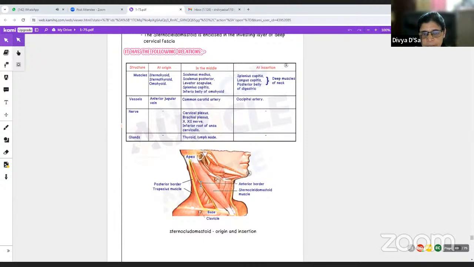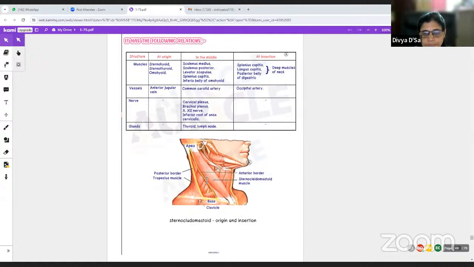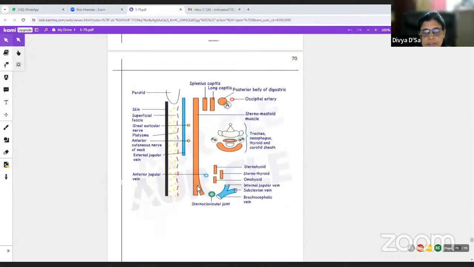Nerves in the middle part: the cervical plexus, the brachial plexus, basically all those nerves we see in the posterior triangle, as well as the inferior root of the ansa cervicalis. Glands: anteriorly we see the thyroid gland, and lymph nodes are also related. So these are the relations which we can see.